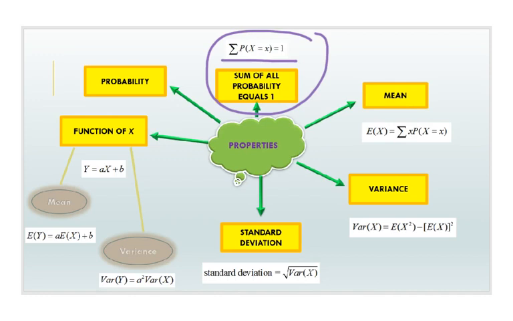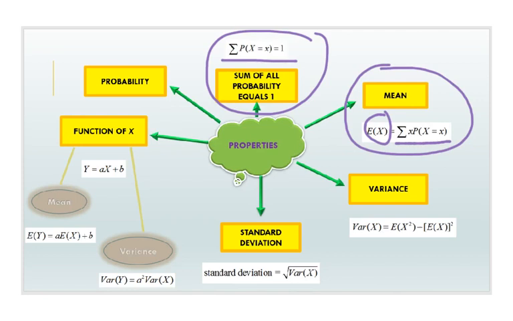The second property of probability distribution is if you want to calculate the mean of the probability distribution, which we also call the expected value. The formula given to you is E of x, where E represents expected and x represents our variable, and the formula is the sum of x multiplied with the probability.